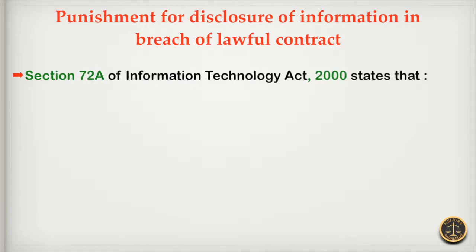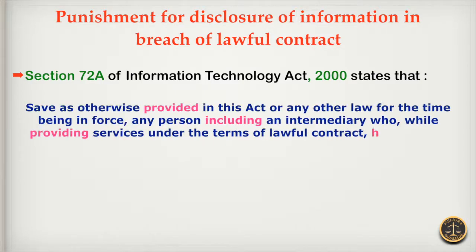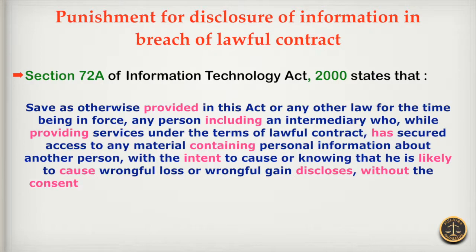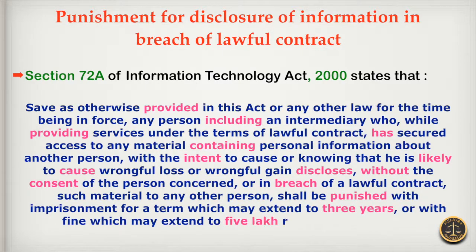Section 72A of Information Technology Act 2000 states that save as otherwise provided in this Act or any other law for the time being in force, any person, including an intermediary, who, while providing services under the terms of a lawful contract, has secured access to any material containing personal information about another person with the intent to cause or knowing that he is likely to cause wrongful loss or wrongful gain, discloses without the consent of the person concerned or in breach of a lawful contract such material to any other person, shall be punished with imprisonment for a term which may extend to 3 years, or with fine which may extend to 5 lakh rupees, or with both.